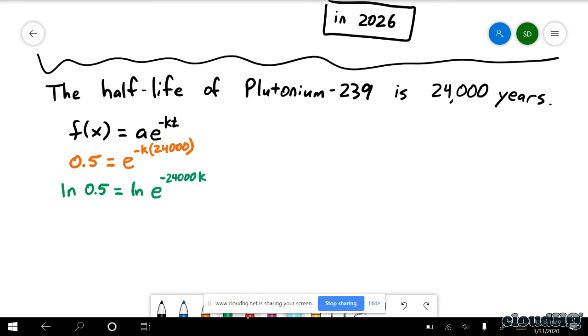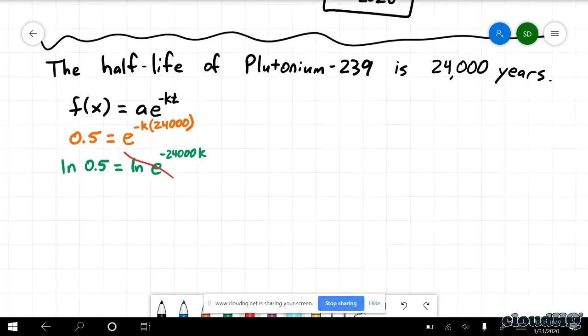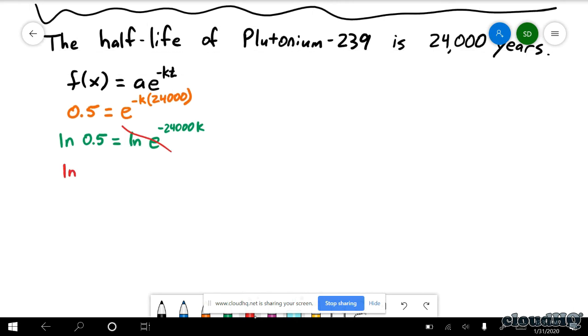So we ln both sides. So I get that the natural log of 0.5 is equal to negative 24,000 K. So we would then divide by negative 24,000.